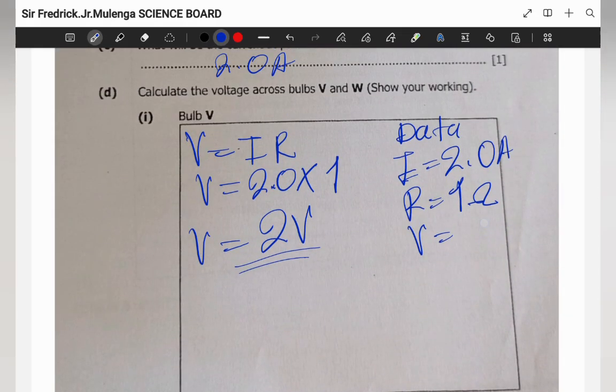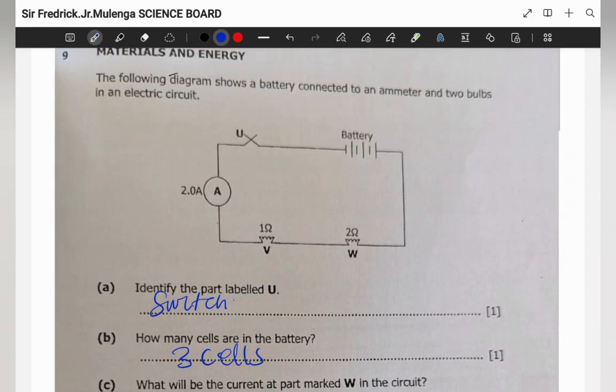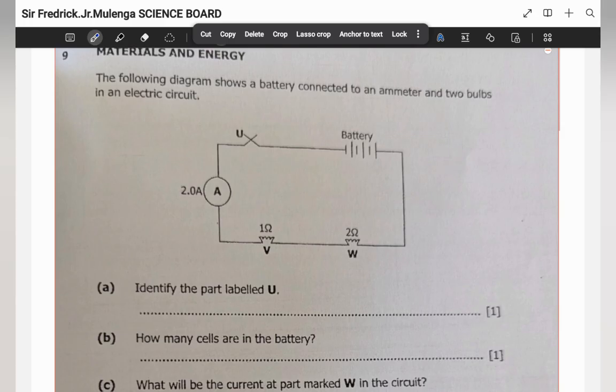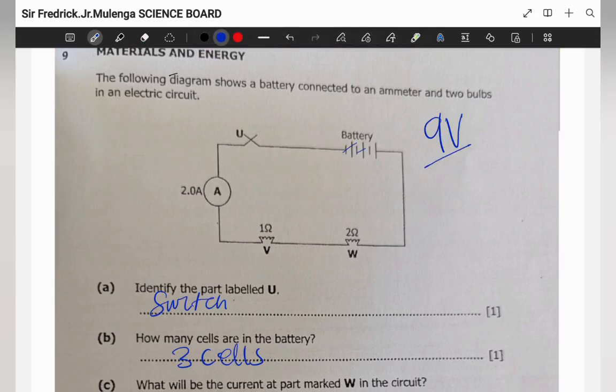Remember in class I taught you that if they have given you the total voltage at the battery, if for example these batteries are giving us 9 volts, then we can find how much voltage each cell is giving by dividing by the number of cells. So in this one we have 3 cells, so if we divide by 3, we are going to have that each cell will give us a voltage of 3 volts.